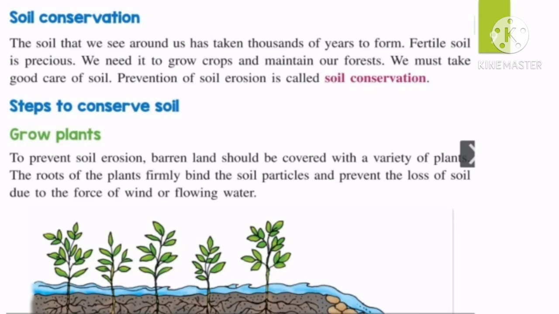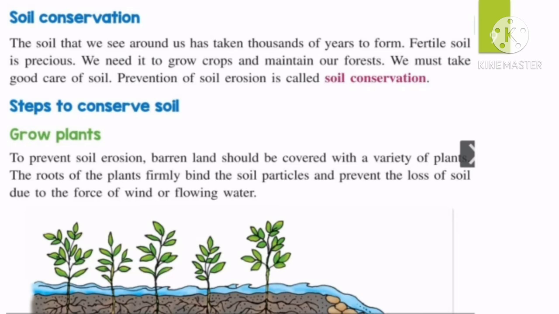So if we want to survive, if we want to eat green vegetables and fruits, we need fertile soil, and the process of preventing soil from erosion is known as soil conservation.